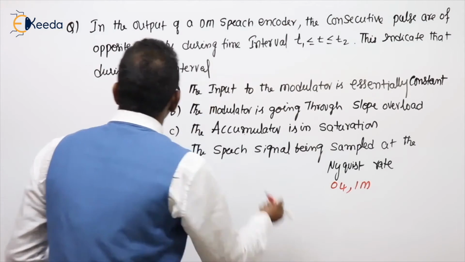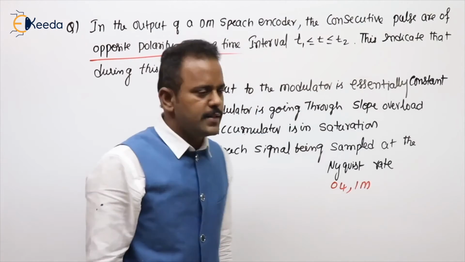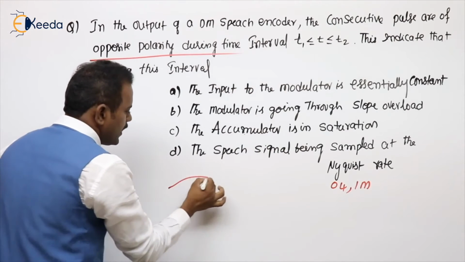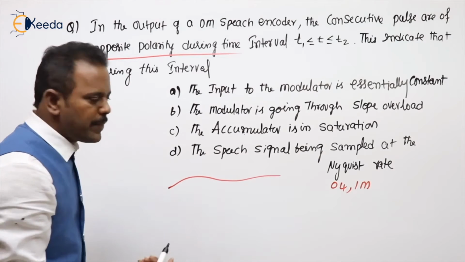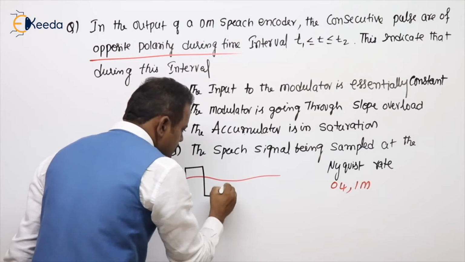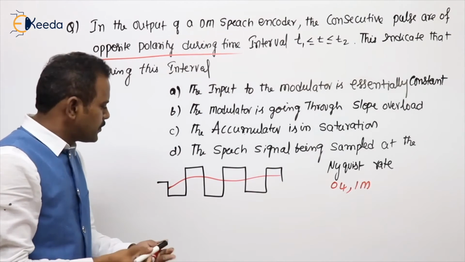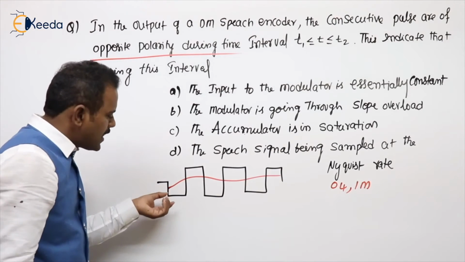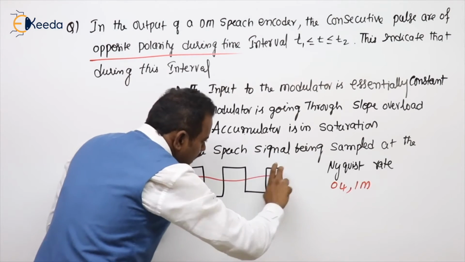What is it saying? Pulses of opposite polarity: what is happening in delta modulation? For example, if a signal is almost constant, what is happening? Negative pulse, positive pulse, negative pulse, positive pulse, like that. Why? Because the step size is kept constant. So if the signal is constant, the approximation comes out like this.